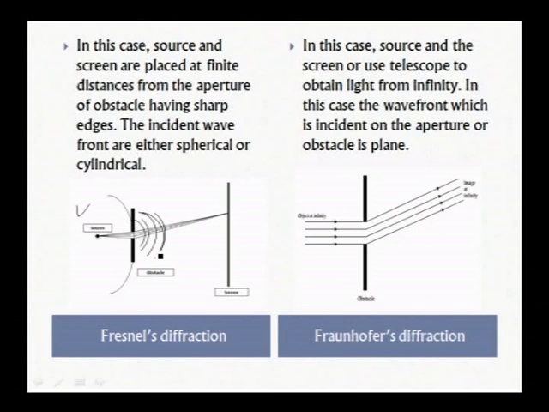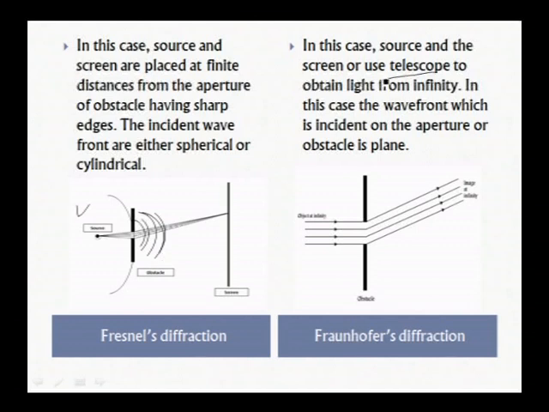This type of diffraction is referred to as Fresnel's diffraction, and similar to that we have one more, the Fraunhofer diffraction. In case of Fraunhofer diffraction, the light is coming from a faraway place, from an infinite distance. To obtain this, you can use a telescope also.